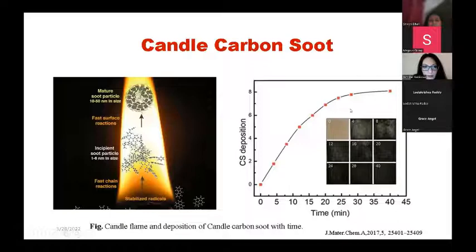Here I'm showing that there is a change in thickness with respect to time. When we start at 0, the substrate is very clean. At 4 minutes, 8 minutes, and up to 40 minutes, we see a change in the color as well as a change in the thickness of the carbon soot deposited on the substrates.